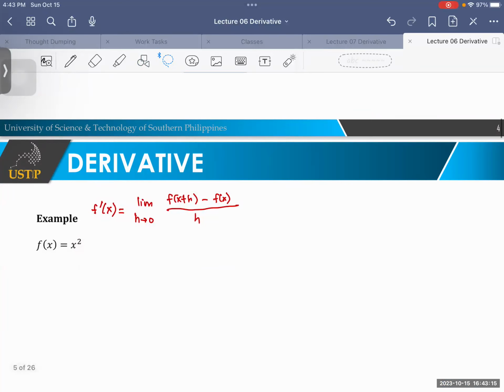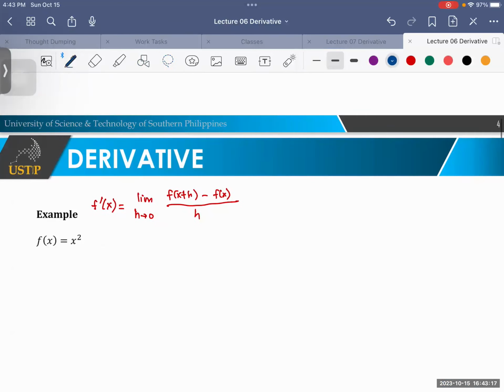Okay. So same process, we need to get f of x plus h. Okay, this one is squared, class, a bit higher. So we have x plus h, replace x with x plus h squared. So we'll have x squared plus 2xh plus h squared. Okay, and then getting the limit, that would be f prime of x.